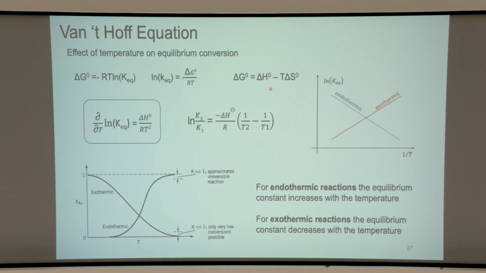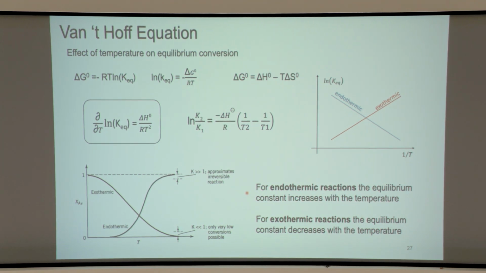Okay, then another principle we need to be concerned about is the change in the equilibrium as the temperature changes in the system. So we know, again, the Gibbs free energy is a function of temperature and the equilibrium constant, which is related to the heat of formation and the entropy of formation of the system. The van 't Hoff equation gives us a change in equilibrium constant as we change the heat of reaction in the system.